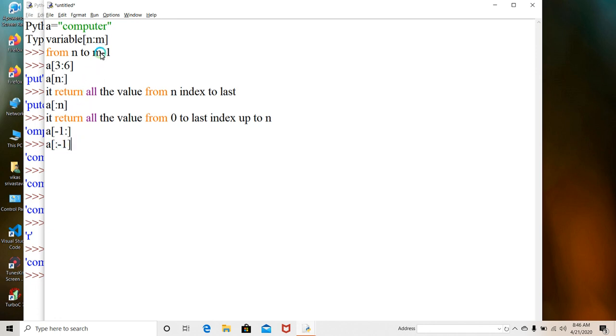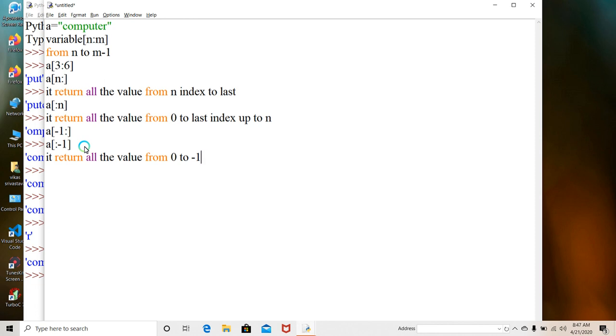So always in the m, which is being subtracted, minus 1. Here, what we have passed, if we want all the values, it returns all the values from 0 to minus 1, minus 1.